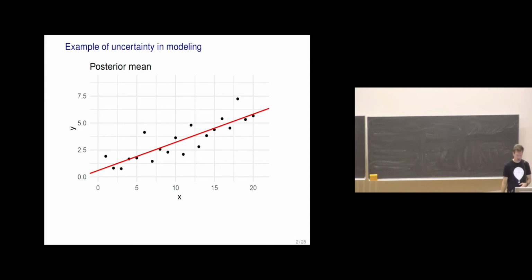But then, since we have a finite number of observations, we can have also other possible linear models which could explain this data. And we can also compute predictive distribution given posterior mean, so we can predict the future, and we can do this also analytically.